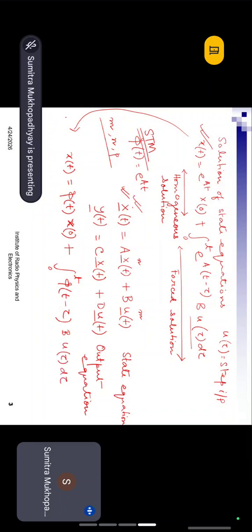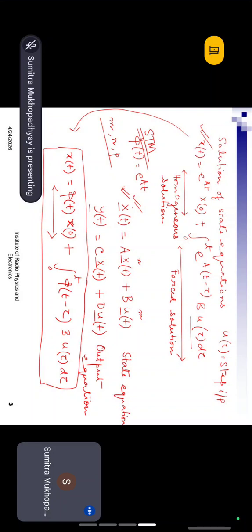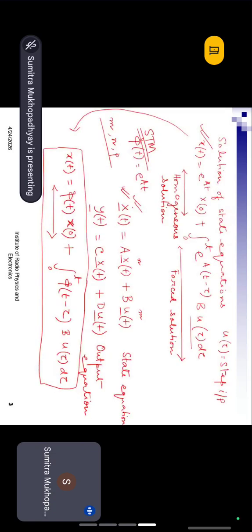So this is the solution of one, similarly the solution of all. And if there is an unforced system, only this part we will consider as the solution. This already we have done in the last class.